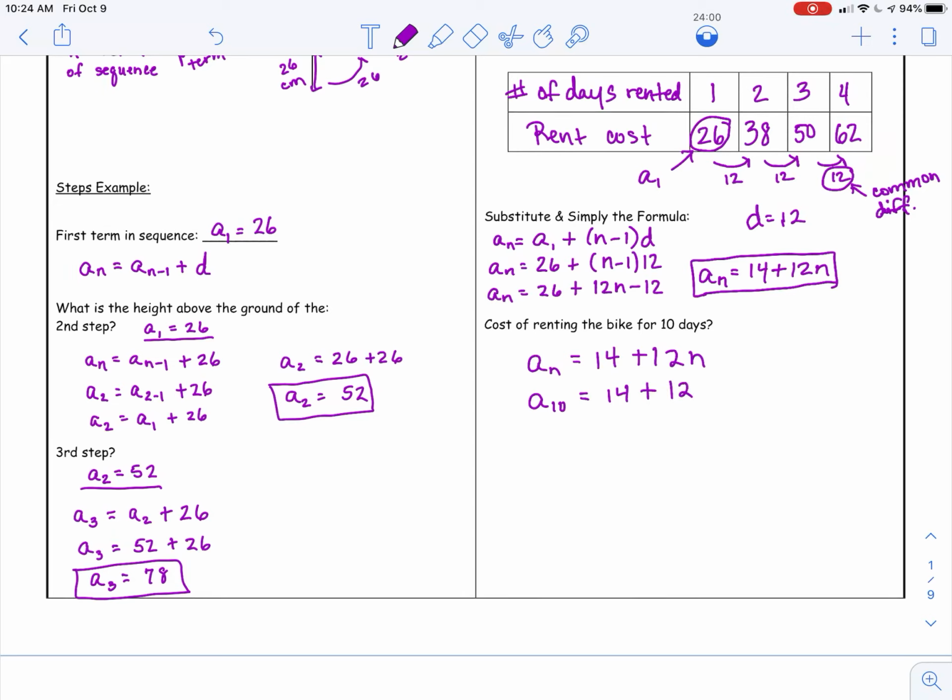A sub 10 equals 14 plus 12 times, and we said n is going to be the same value throughout our problem. So we want to put a 10 in right there as well. And we get 134, and that would actually be dollars, wouldn't it? So for the 10th term, or for 10 days of renting my bike, it would cost me $134.